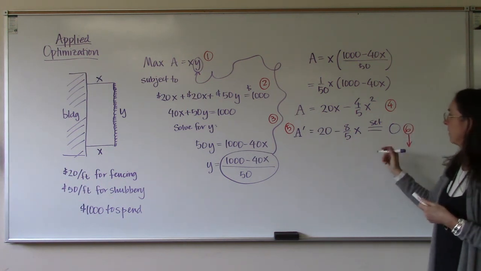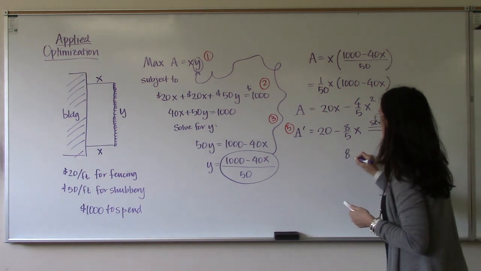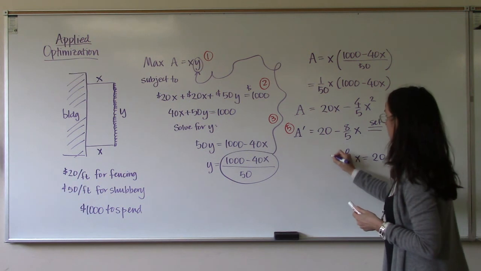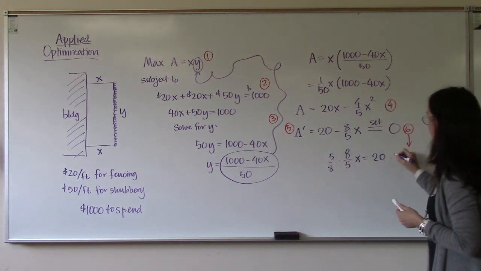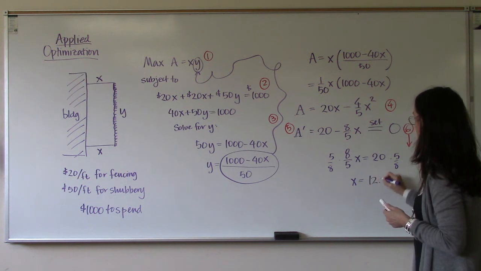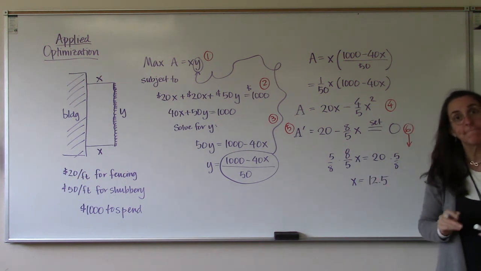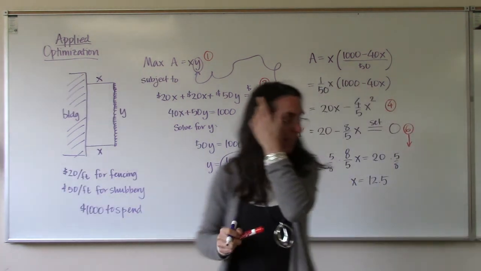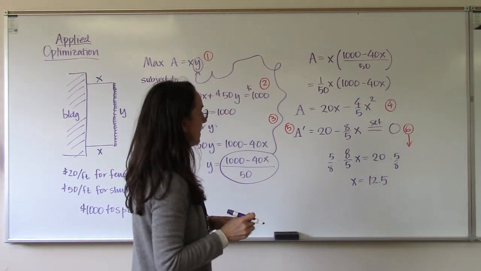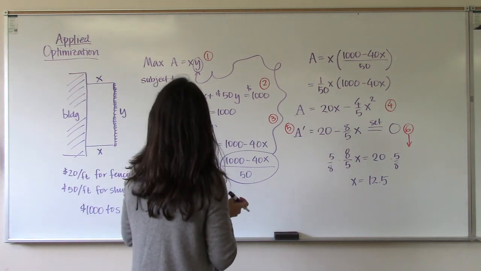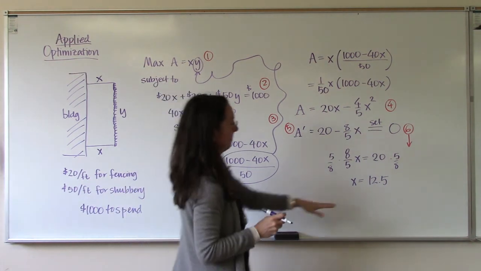Well, if I move that over to the right, I get 8/5 x is equal to 20. And if you multiply both sides by 5/8, you get x is equal to 12.5. All right. Now we need to check and see that this really does correspond to a maximum.